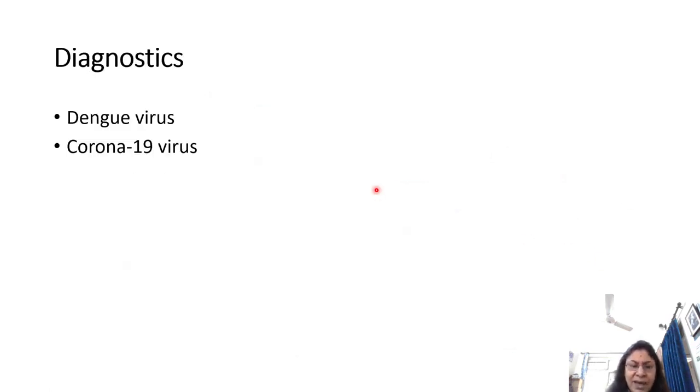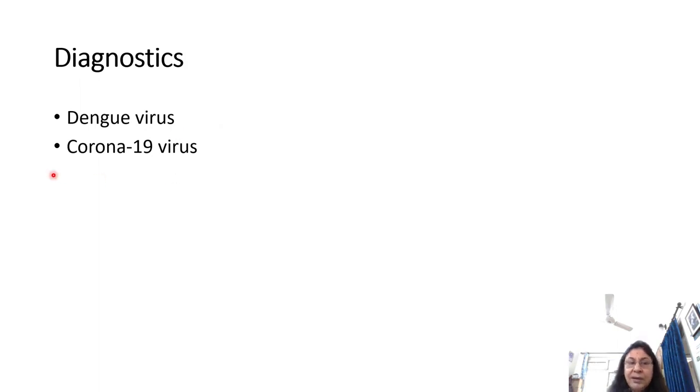Okay, now the last point which I just want you to familiarize with, we don't have time to cover all the different steps, but the molecular techniques associated with recombinant DNA technology, such as real-time PCR, etc., are also very useful, and they can be used in diagnostics.